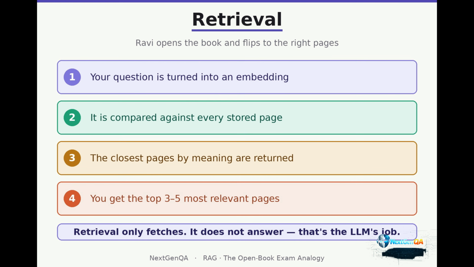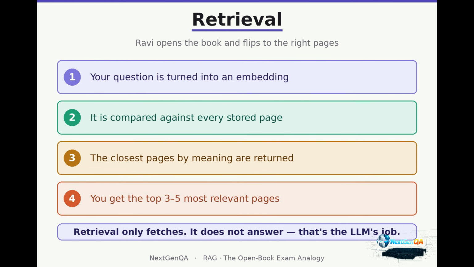The question is turned into an embedding, its meaning coordinates, using the same embedding model as before. 3. That question embedding is taken to the vector database, and the database compares it against all the stored page embeddings. It returns the handful of pages whose meaning sits closest to your question, usually the top 3 or top 5. That's retrieval.